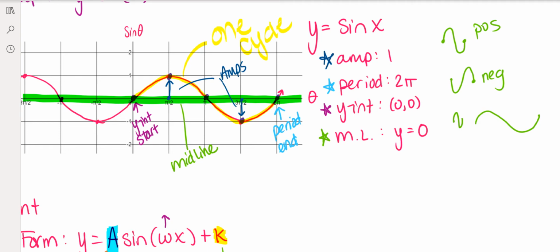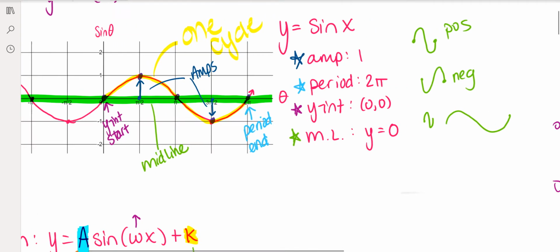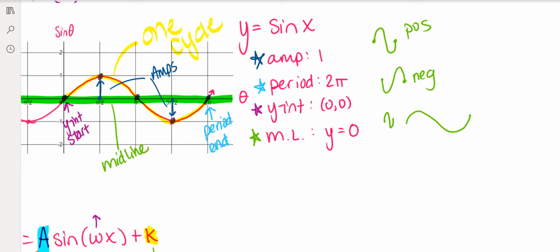So one cycle of sine, you start wherever the y-intercept is. So pretend that point is the y-intercept. And if it's a positive sine, you're going to go up around the circle. That's half of the circle. Now it's the bottom half of the circle, and we're back where we started.